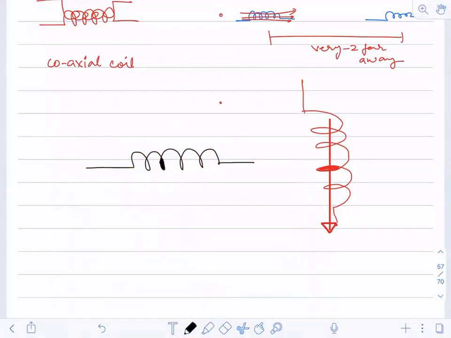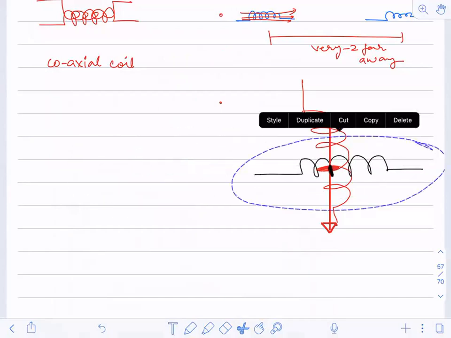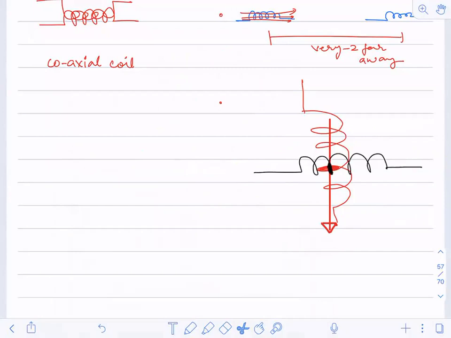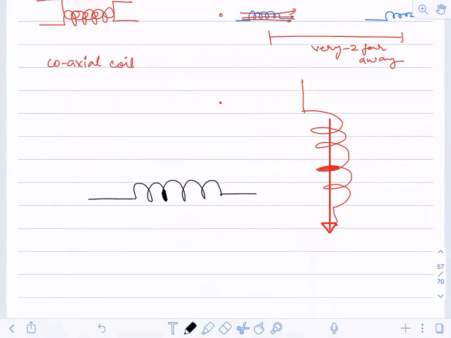How is this area going? Is it perpendicular to the field line? If I draw the area vector for this, will it be in this direction?